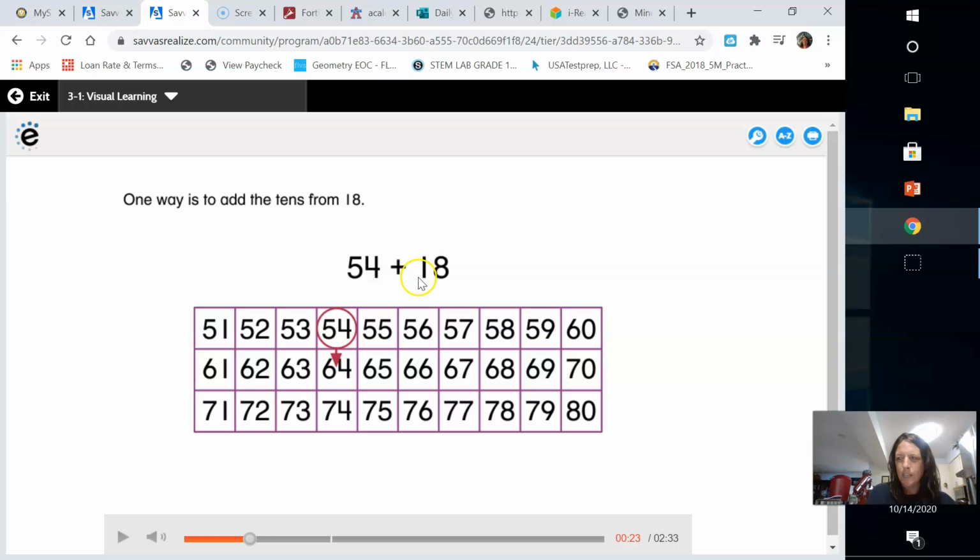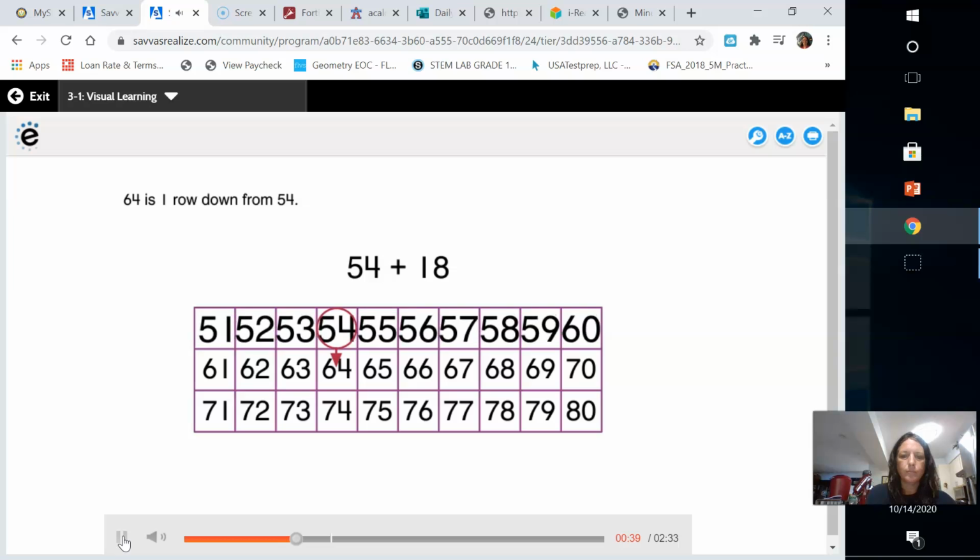And when you add a 10 on a hundreds chart, we just talked about that with 60 and 70. When you add a 10, you go down one row. So first they're going to add the 10, and then they're going to add the ones. So watch this and see if you can understand it. Move down one row to show 1 ten. How many rows down is 64 from 54? 64 is one row down from 54.